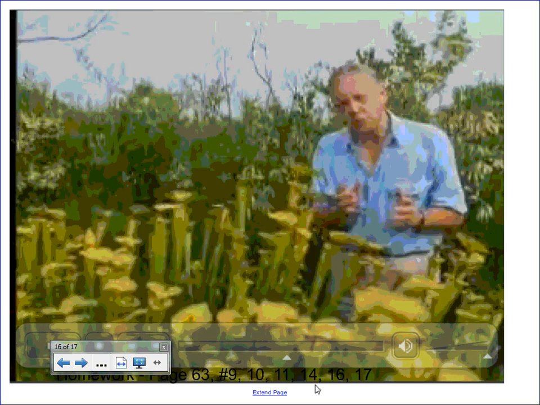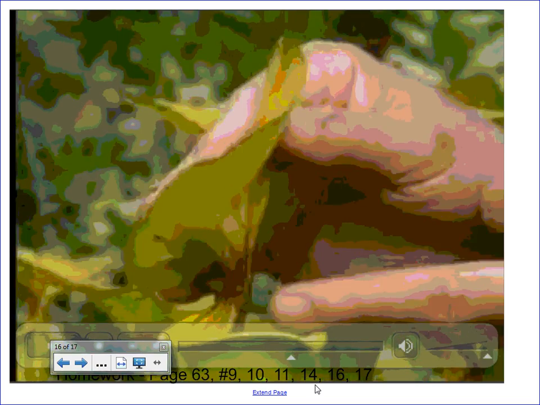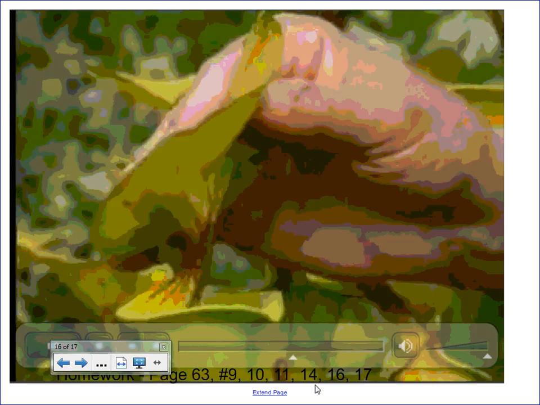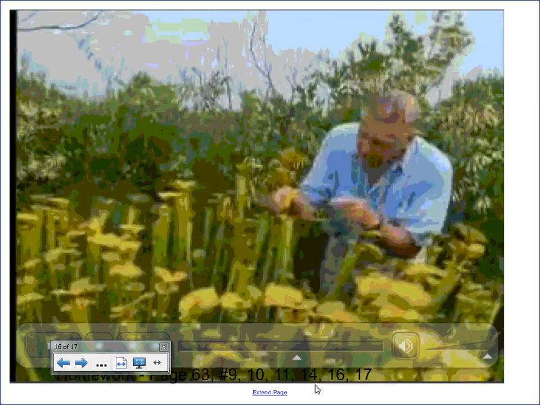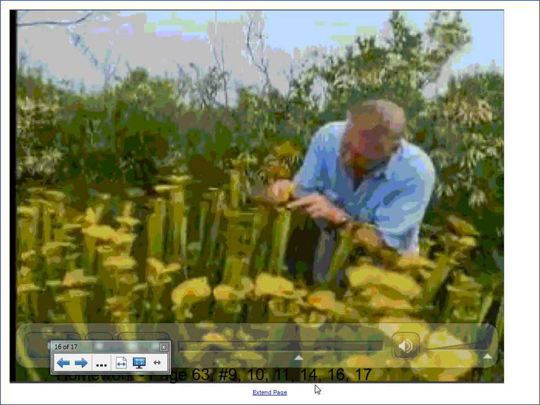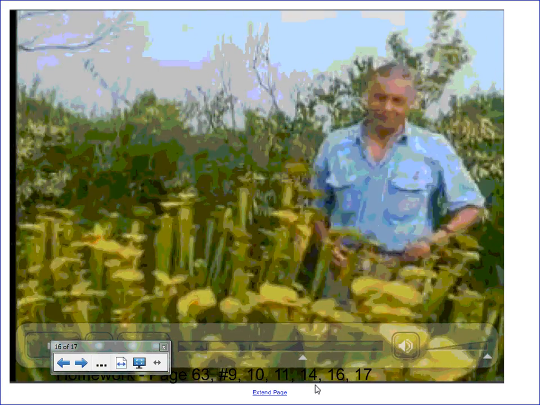It's an advertisement of a delicious reward, and the reward itself is under here. Sweet nectar. And if an insect comes to collect it and strays into the mouth of the trumpet, then it's doomed.